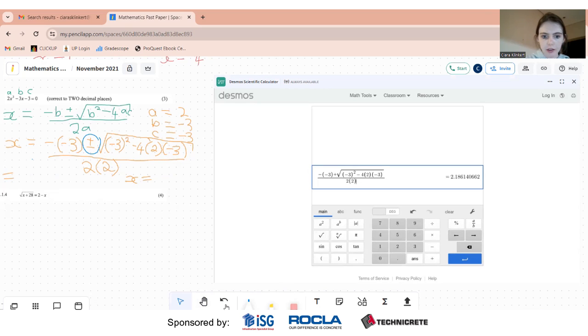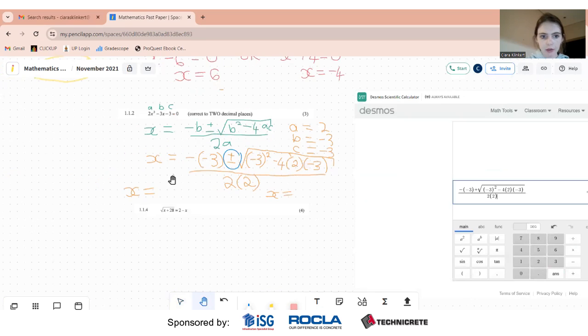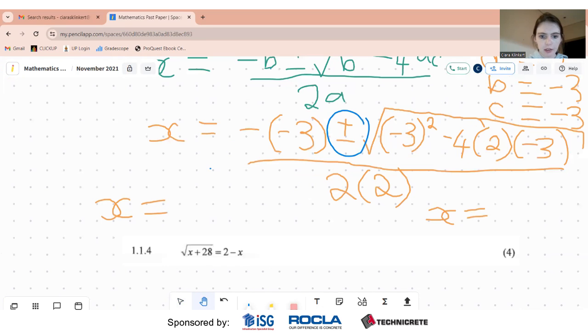And I get an answer of 2.19 if I round off. Sorry if that calculator was slightly unclear because I was a bit zoomed out.